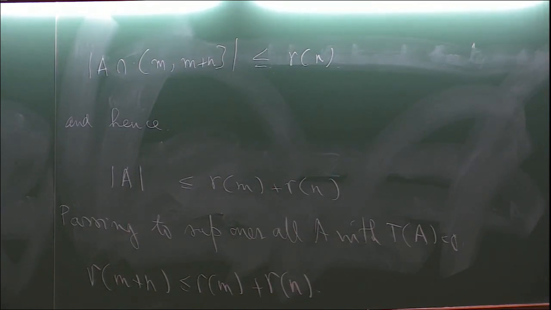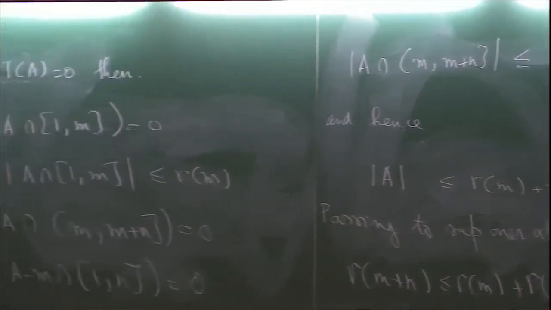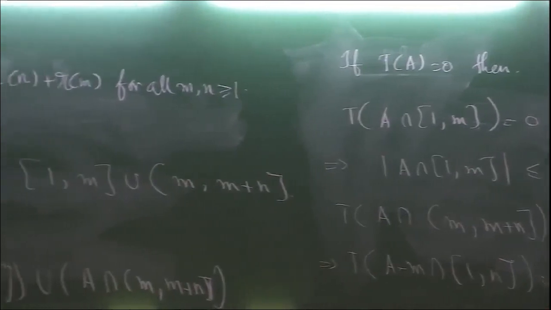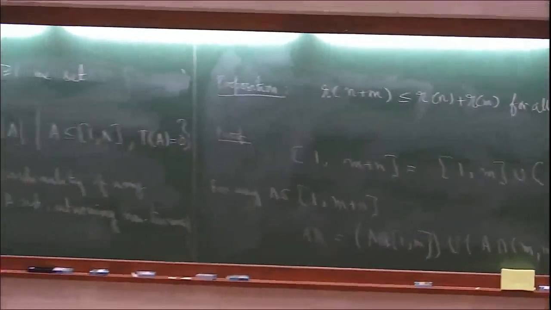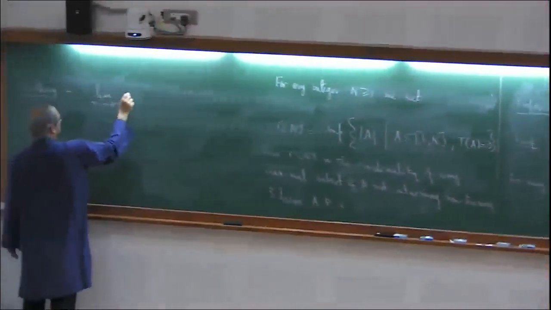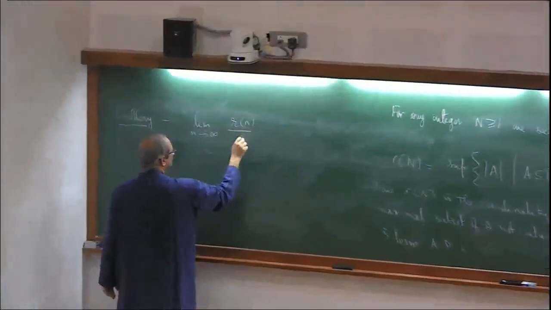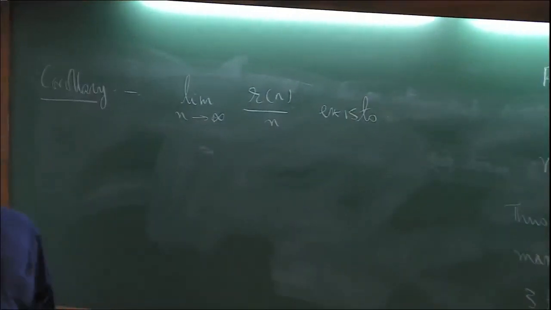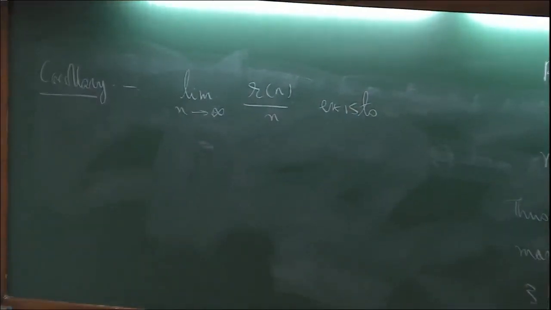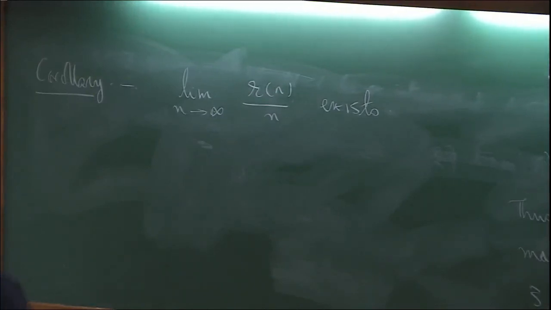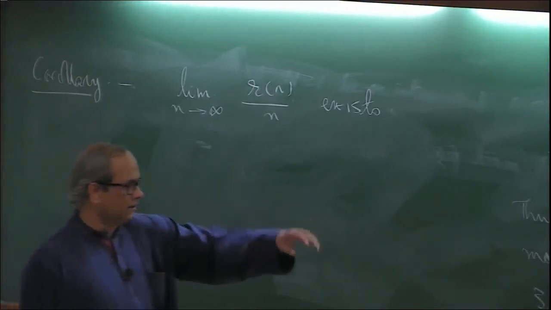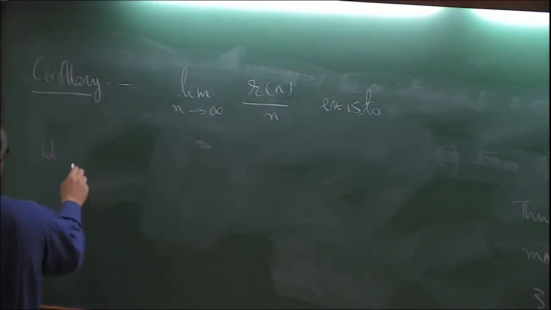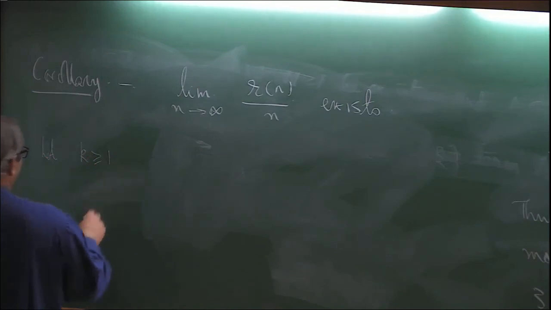Okay? So, a corollary to this is that the limit as n tends to infinity of Rn by n exists. So this is a consequence, and the reason for that is, let k greater than 1 be fixed.